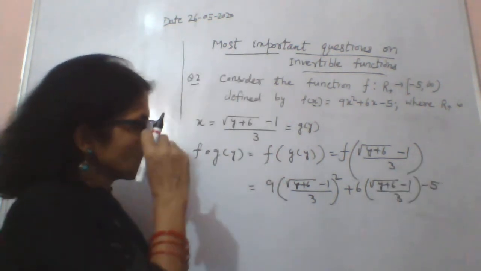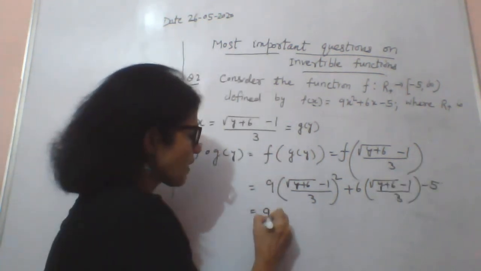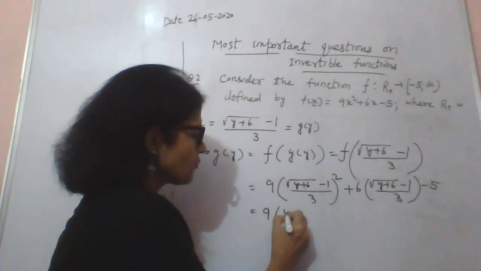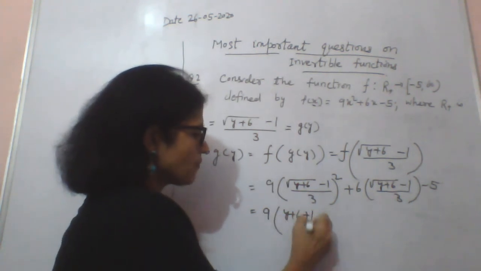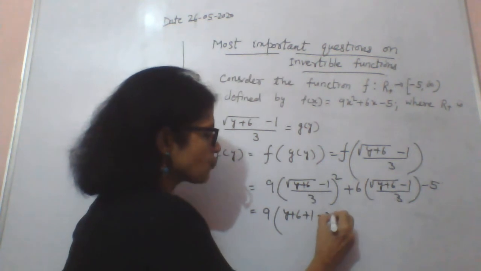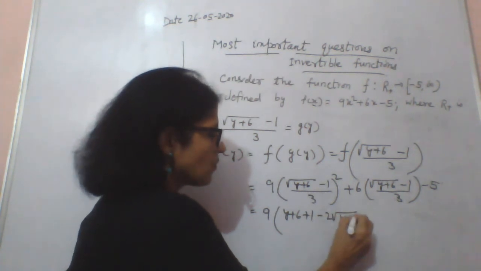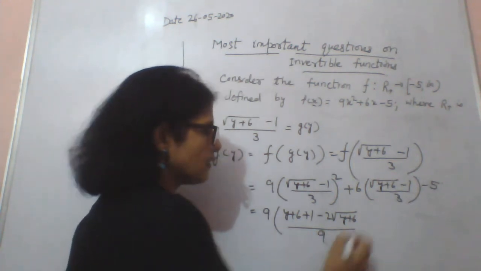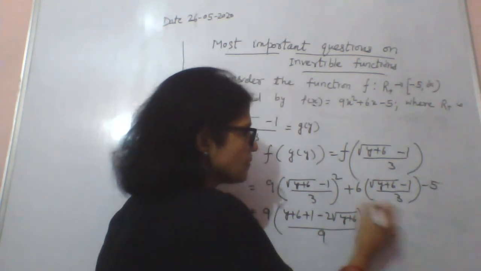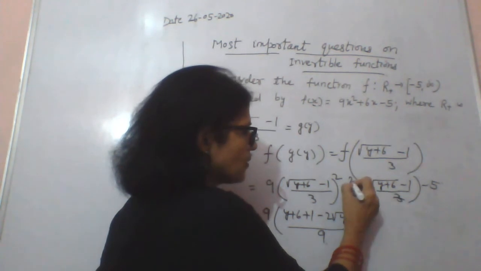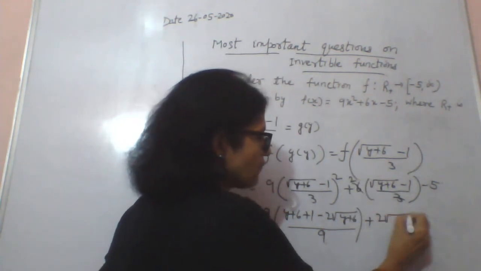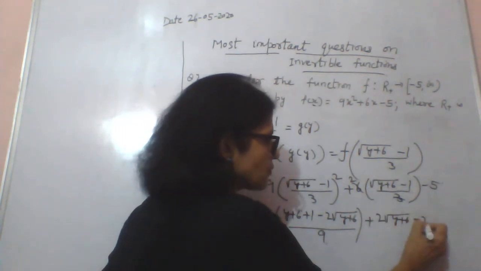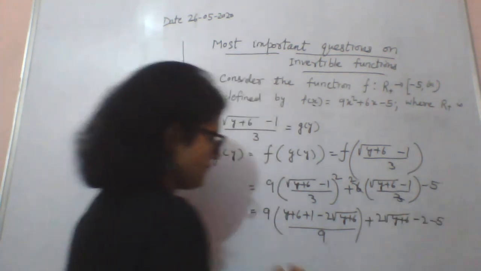Okay, so simplify this. Now it is 9 times (y + 6 + 1 − 2 under root (y + 6)) divided by 9, plus 2 times under root (y + 6) − 2, minus 5.